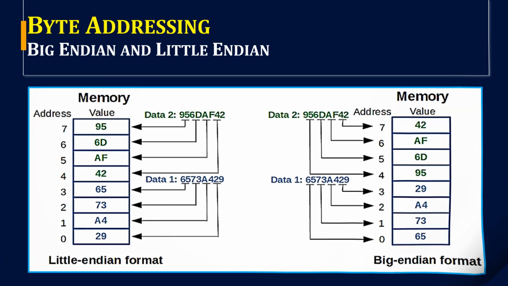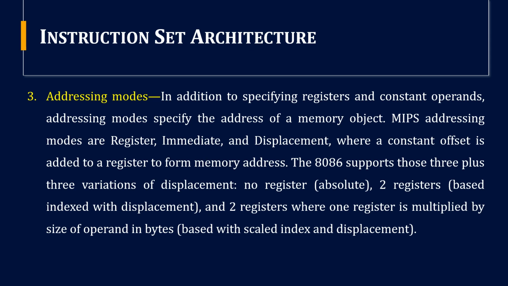Let's look into the third dimension of ISA, that is addressing modes. In addition to specifying the registers and constant operands, addressing modes specify the address of a memory object. MIPS addressing modes are register, immediate, and displacement, where a constant offset is added to a register to form the memory address.